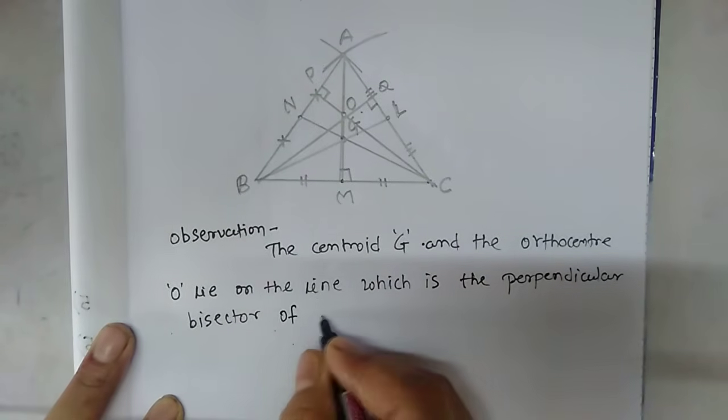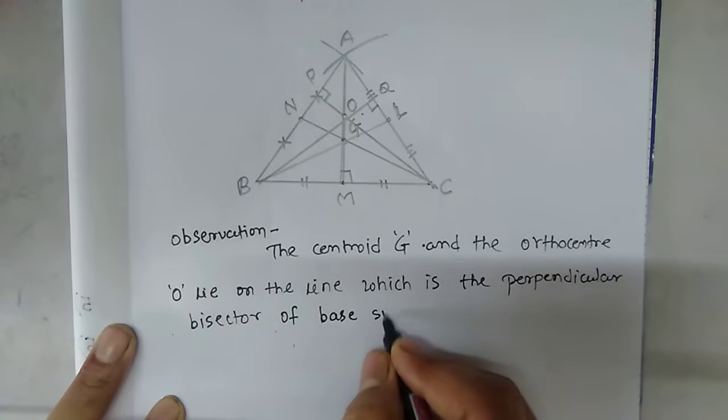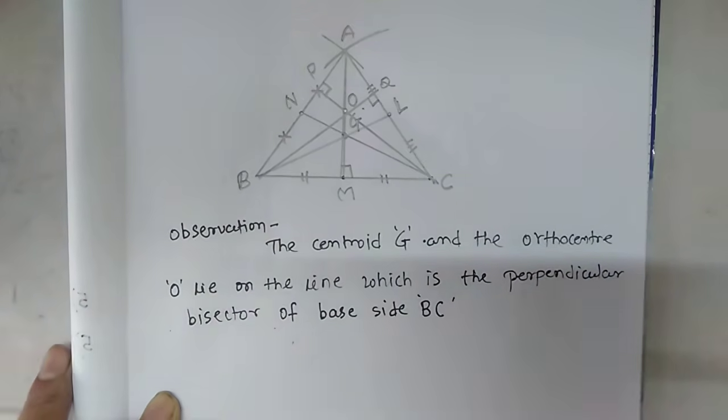Bisector of the base side BC. Understood?